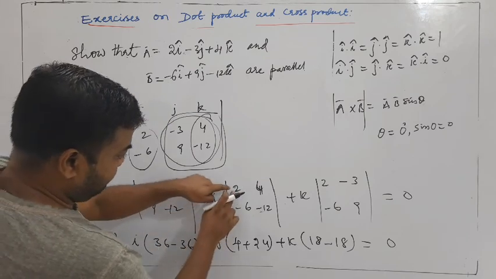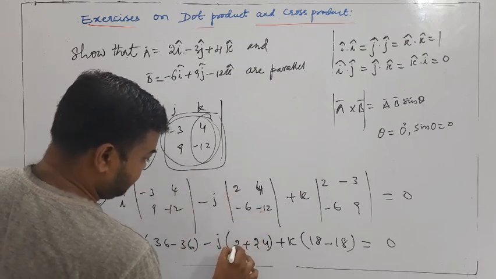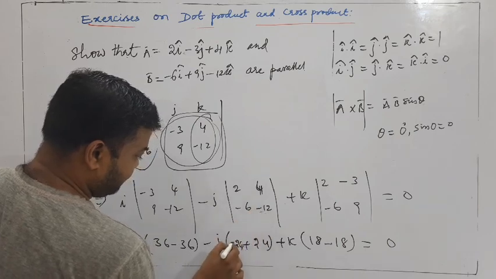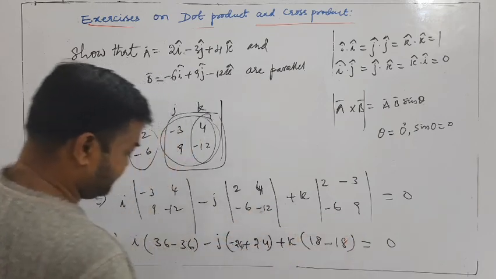Here for j, 2 12s are 24, and 2 12s are 24. Here minus 24 plus 24, plus k into minus 18 plus 18.